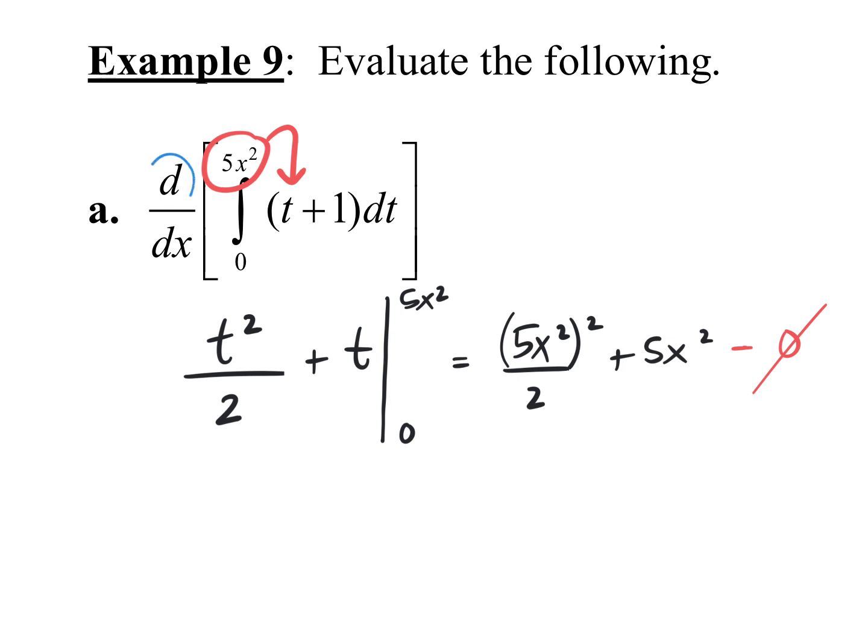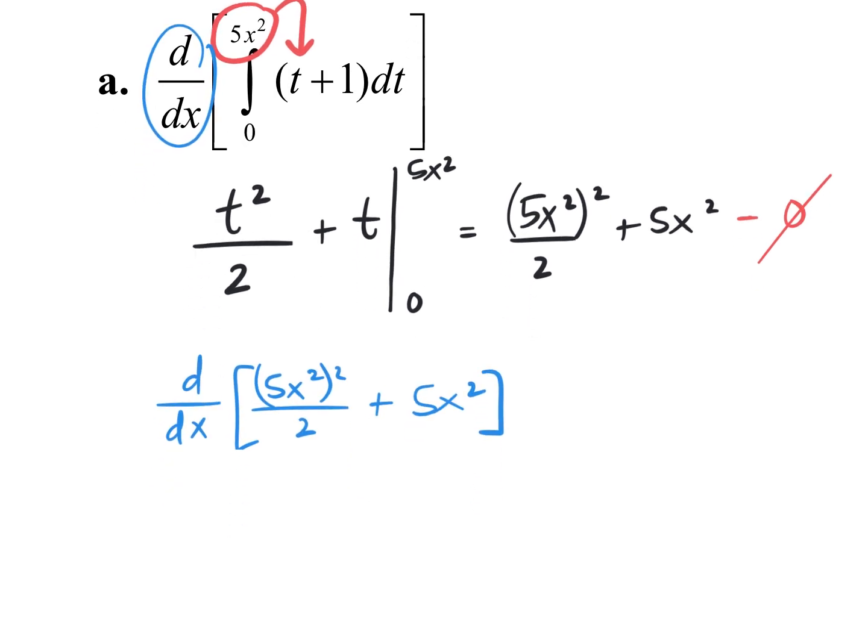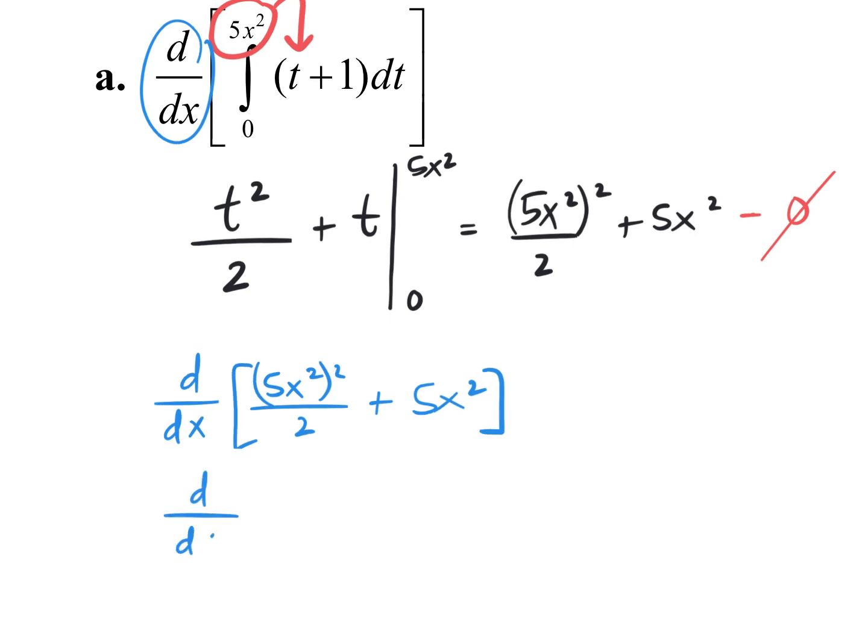Okay, so now this says I need to take the derivative of this. So if I took the derivative with respect to x of my function here, this is (5x squared) squared divided by 2 plus 5x squared. If I take the derivative of this, I'm going to simplify that squared piece to actually just be 25x to the 4th power.